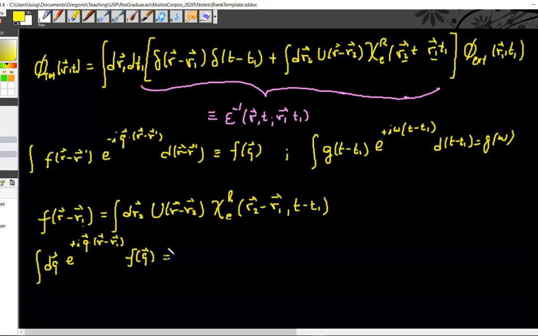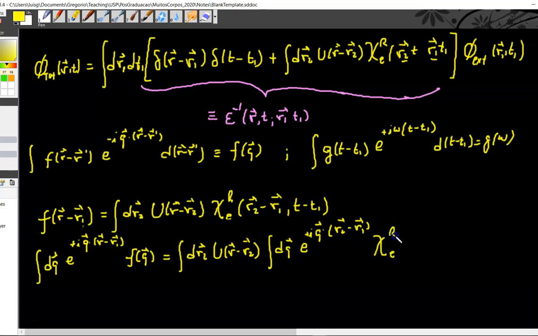We can, of course, still write this as dr2 u(r minus r2), and this let's write as the inverse Fourier transform of chi_e of r, q, which would be dq e to the plus iq, now (r2 minus r1), right, because that's the argument here, of chi_e of r, q at t minus t1.